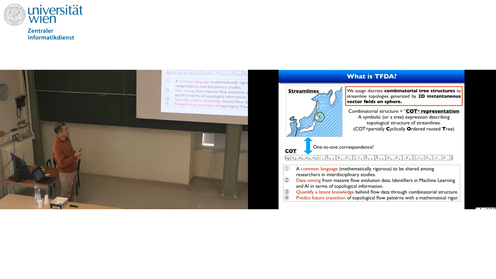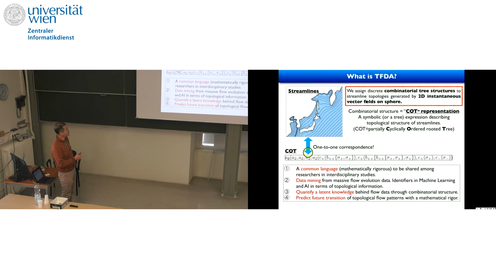For given streamlines like this, we can assign a long sequence of letters without ambiguity, which is a one-to-one correspondence. Once we have converted this data into this sequence of letters, we can recover the topological structure of this field from this COT representation. So this is a huge reduction of data size, and each character represents a certain vortex structure. That means we can use this sequence of letters as a common language describing topological streamline structures.